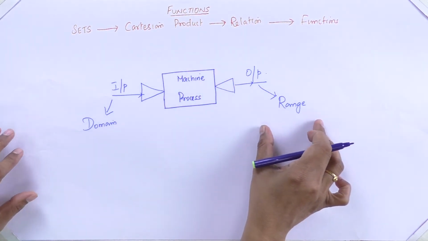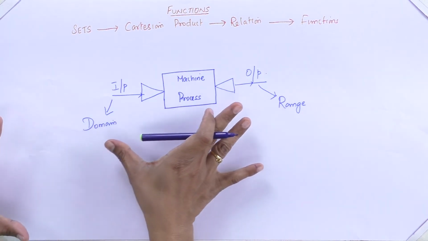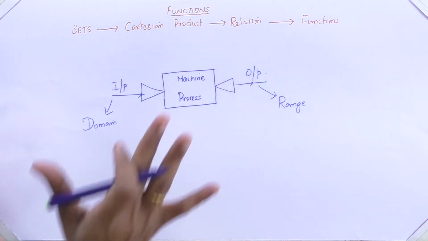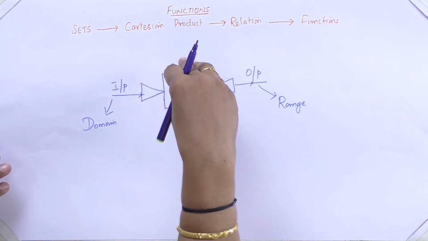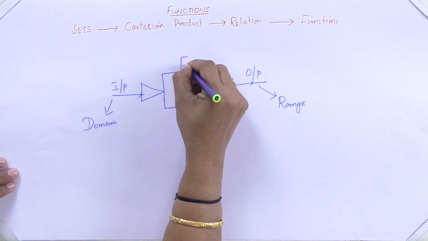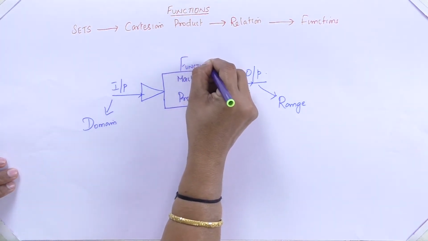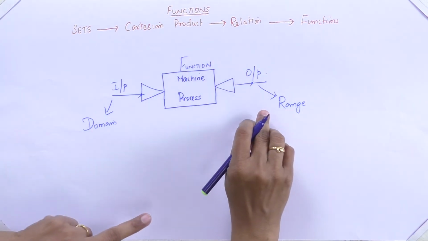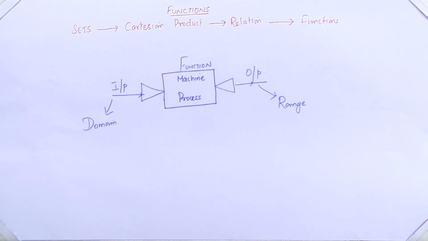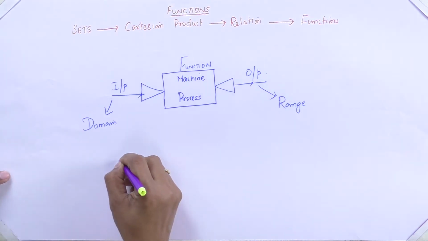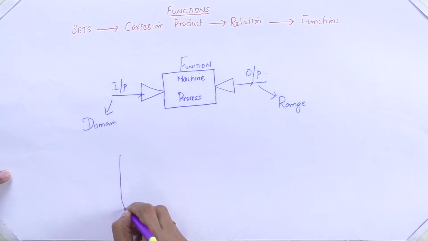In a similar manner the function also works. The function maps from one term to the other term. That is nothing else but a function. This is a function, and once an input is given, it correspondingly maps to the output, or it gives the output.